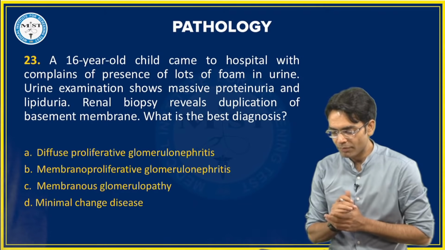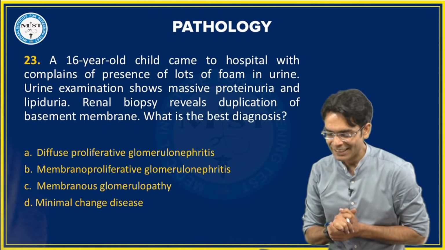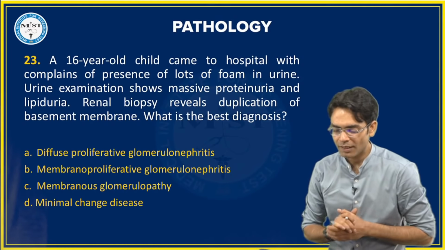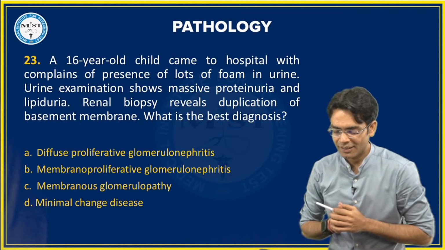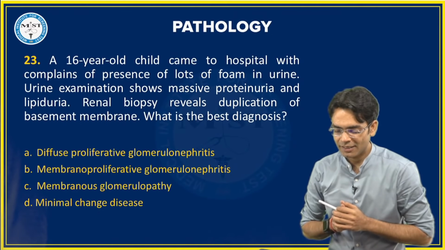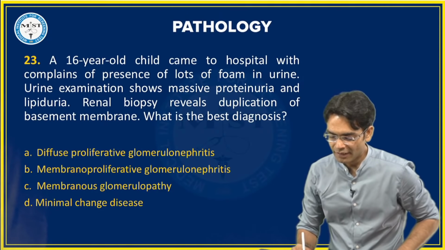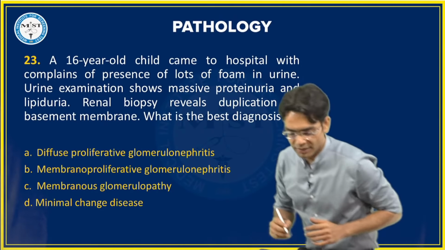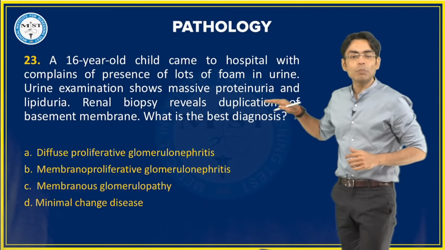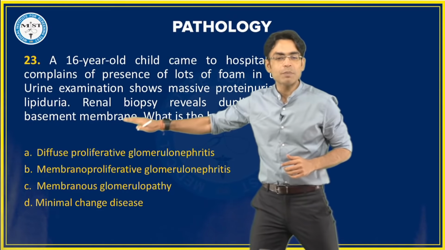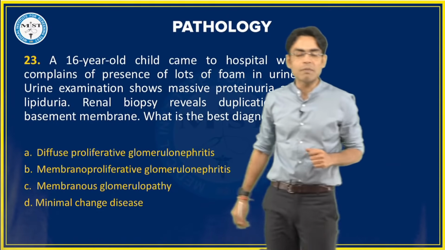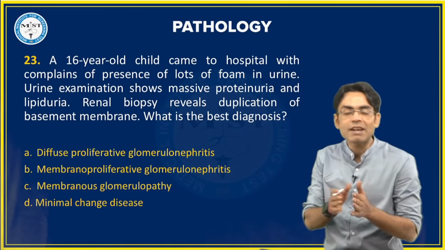Beta, what are you seeing? Children, there is duplication of the basement membrane. What is found on the biopsy? Duplication of the basement membrane. Duplication means tram track appearance.